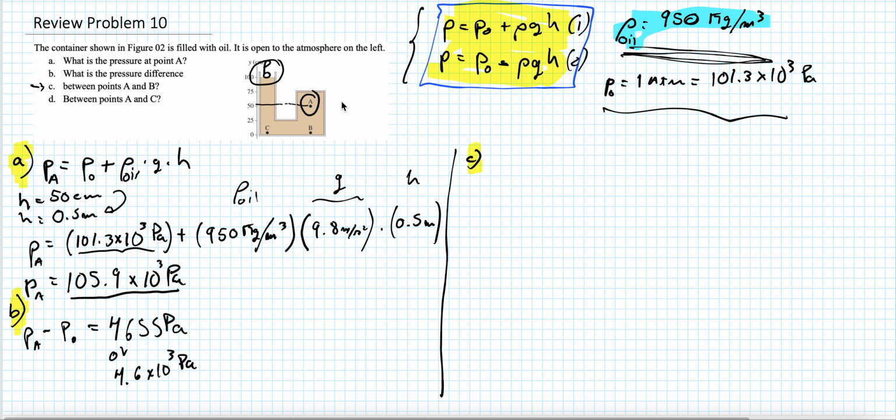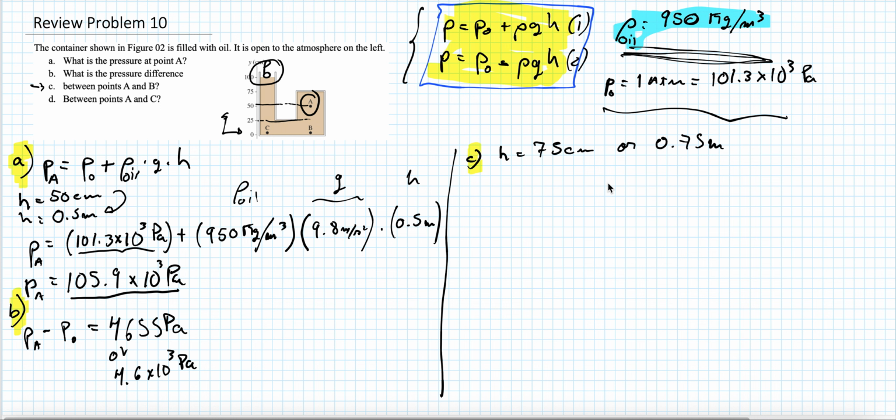Well, the pressure between A and B, it's this depth here, so it's between these two points. We are at 25 centimeters compared with this position. But if we come from the surface to here, it will be 75, so my depth here will be 75 centimeters, or 0.75 meters.